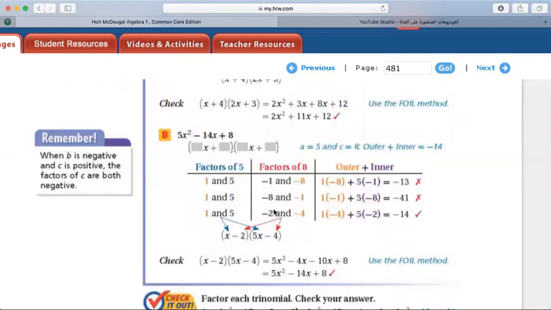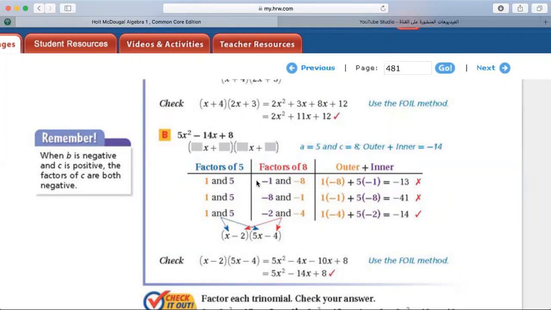What if I have a negative middle term? What am I going to do? I will give a negative sign to the factors of 8. For example, here I have negative 14 and 8. So I will give a negative sign to both of the factors of 8.